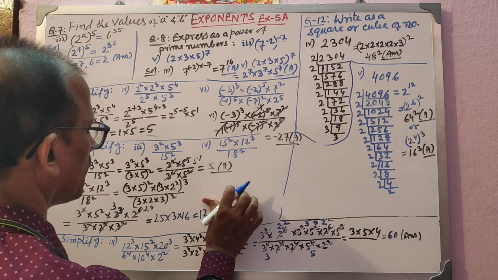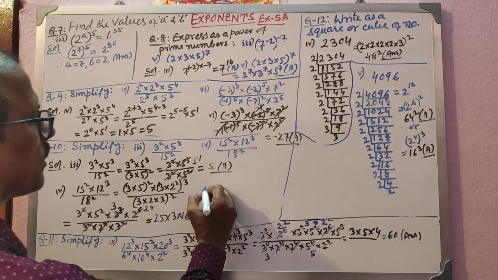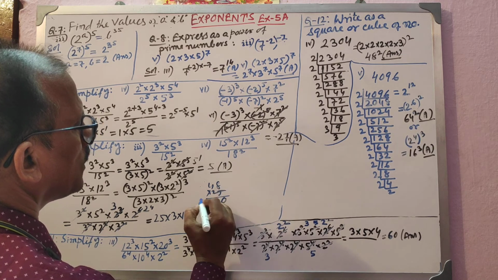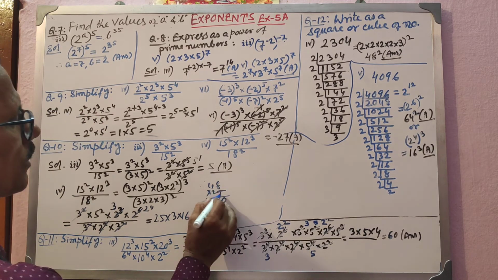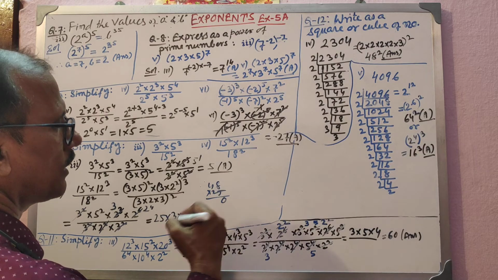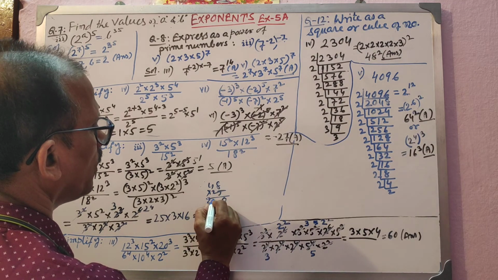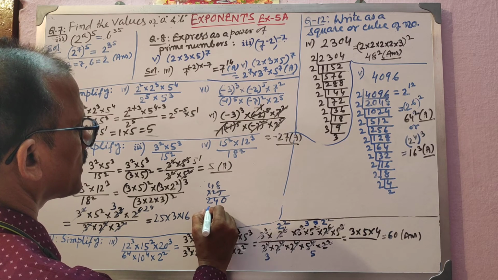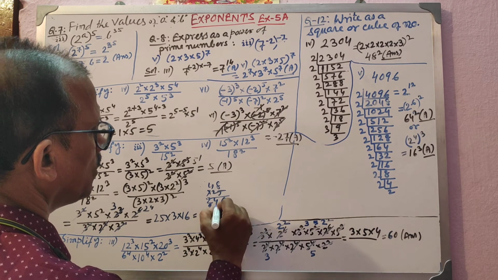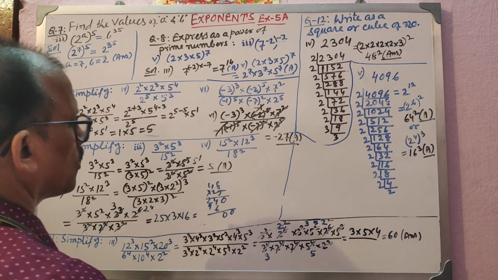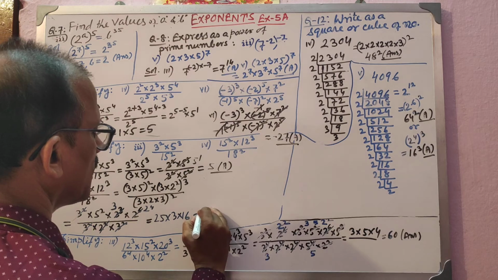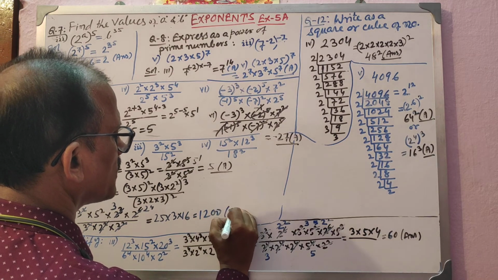You just multiply, 75 into 16, or 48 into 25. 5 fours are 20 plus 4, 24, then 96, then it will become 1200. Yes, it became 1200. So 1200 is the answer.